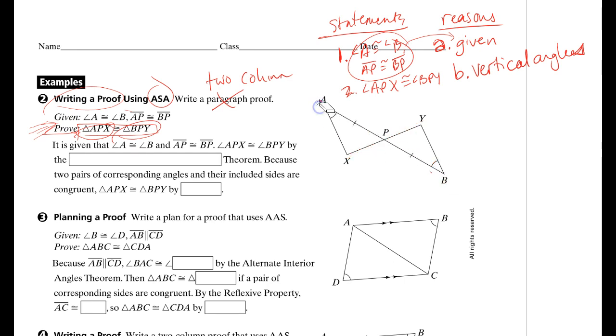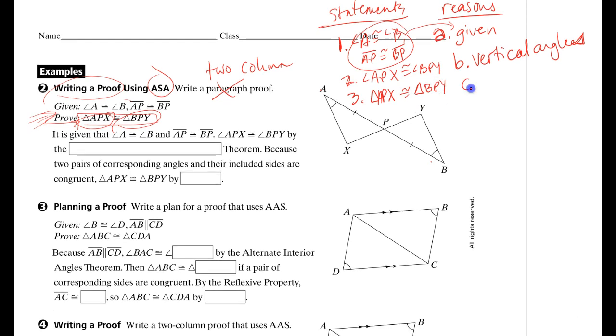So, last statement: the entire triangle APX is congruent to the entire triangle BPY. Now, why can I say that the entire triangle is congruent to the other triangle?